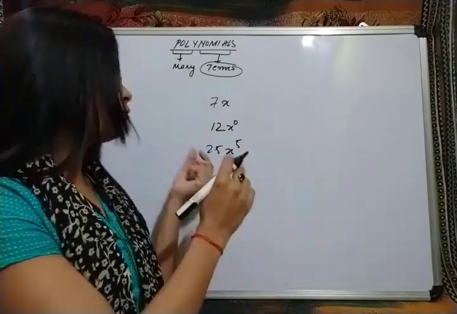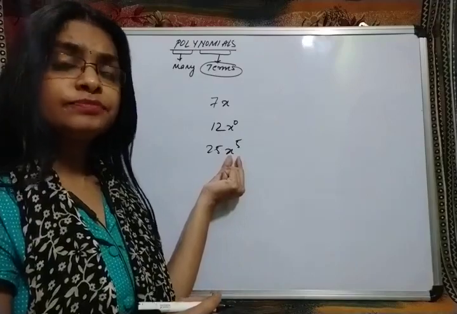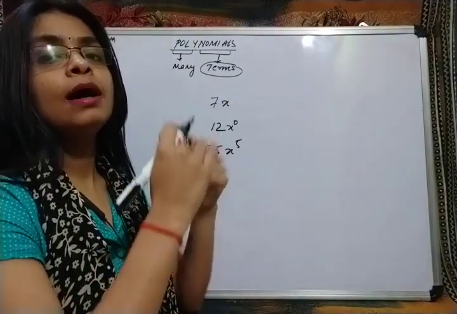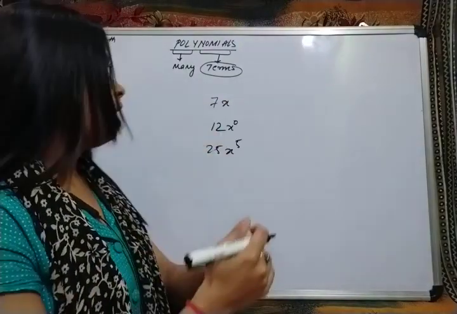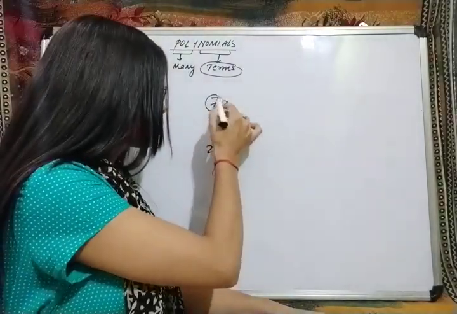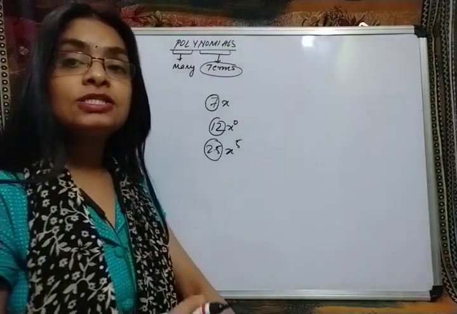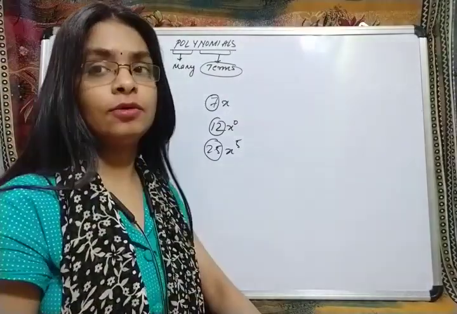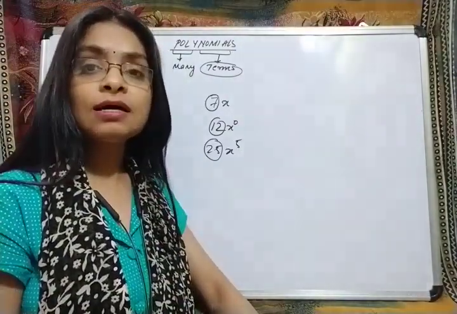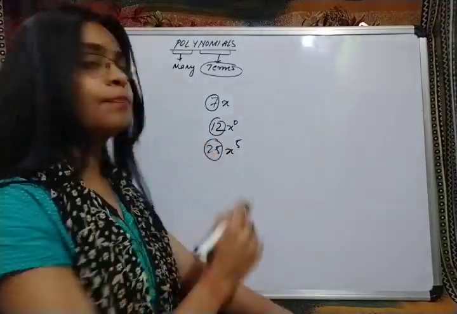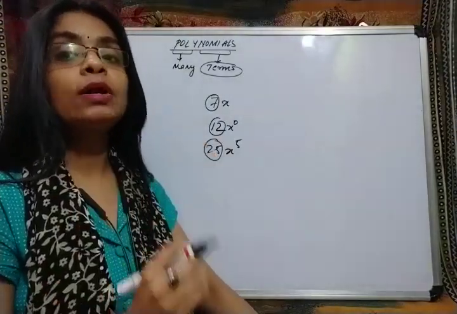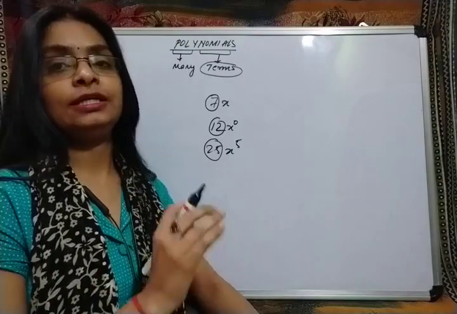It is a product of constant and variable raised to some power. Now in this constant part, this 7, 12 and 25, this is known as the coefficient of the term. The constant part in the term is known as the coefficient.